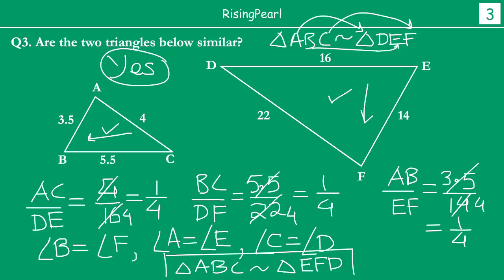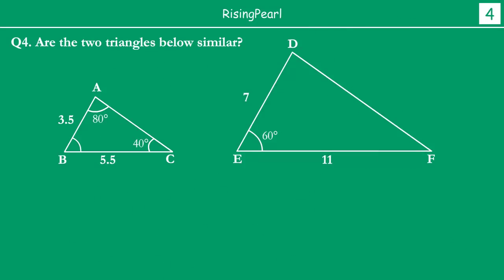Let's take a look at maybe one or two more examples. So here in question 4, are the two triangles similar? Friends, we don't have all of the measures, but we have AB and BC given, and we are given the lengths DE and EF. If you look at AB and DE, it is a 1:2 ratio. So let's write it down.